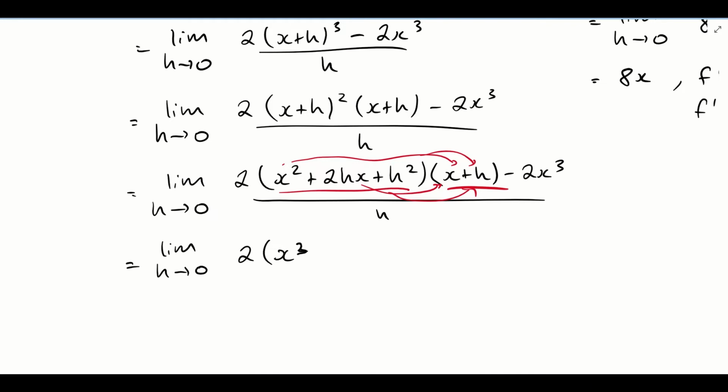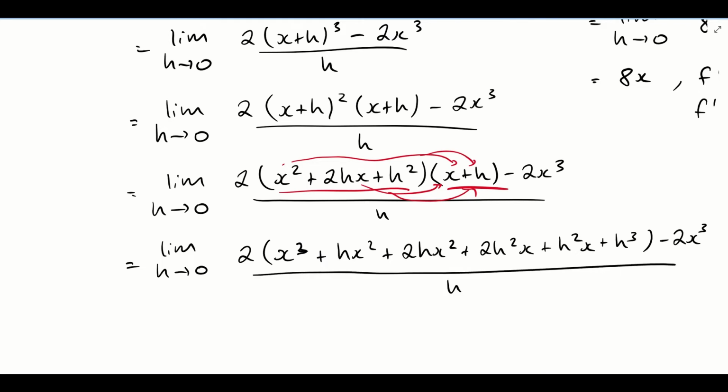We then get plus hx squared plus 2hx squared plus 2h squared x plus h squared x plus h cubed, and take away 2x cubed divided by h.